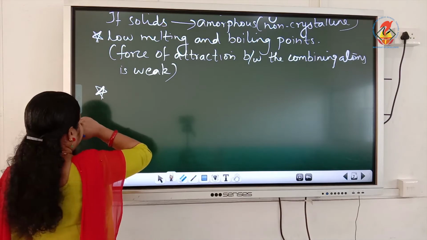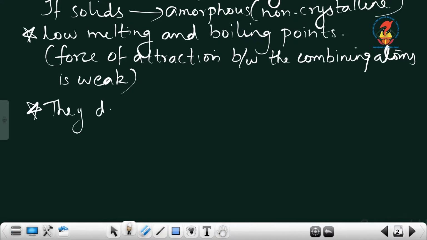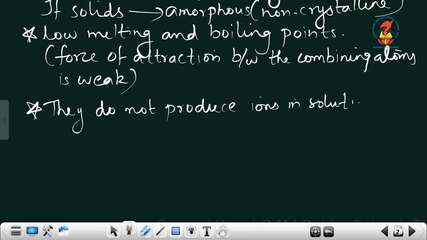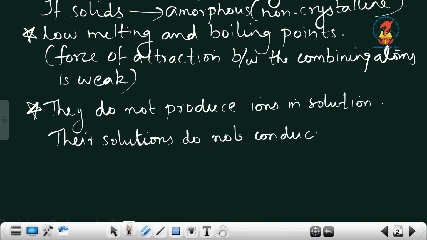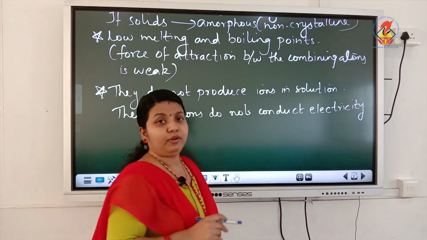Next one is they do not produce ions in solution. So their solutions do not conduct electricity.